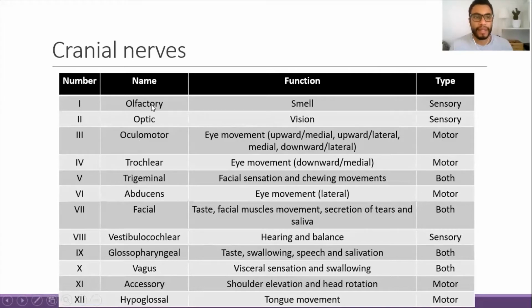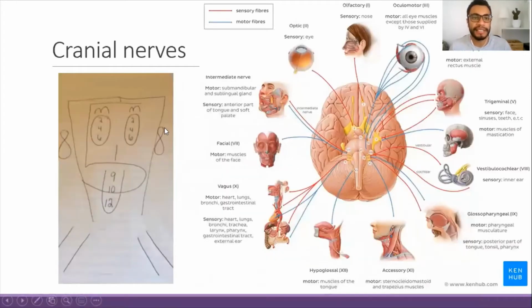Let's have a look at what they are. Number one is the olfactory nerve, related with the smell. It's better actually to show you the next picture. You have this table here with the functions, and then in this drawing we can see their locations and function, which can be easy to remember.